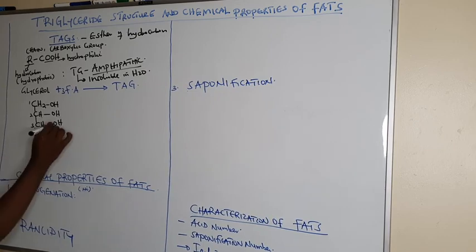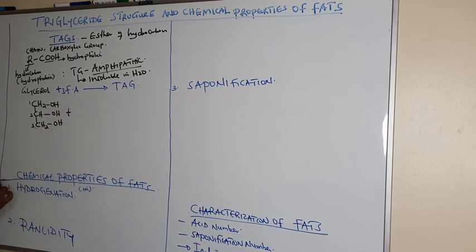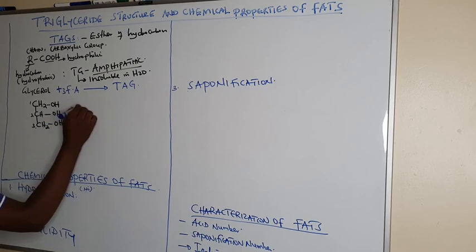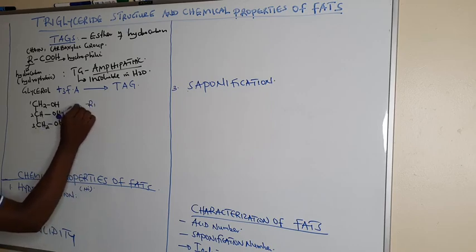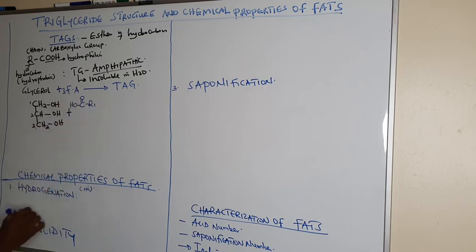So if I come and I add 3 fatty acids, and what are these 3 fatty acids? We are having fatty acid 1, so this one, you can make it face this side. I'm representing it in this form.